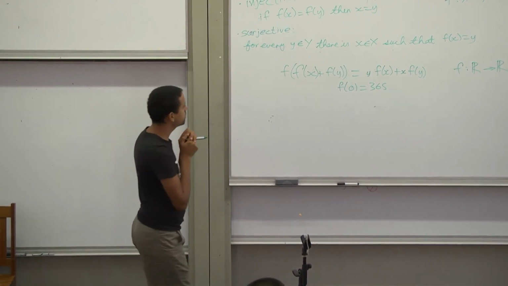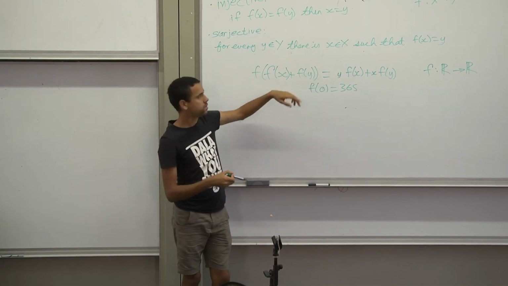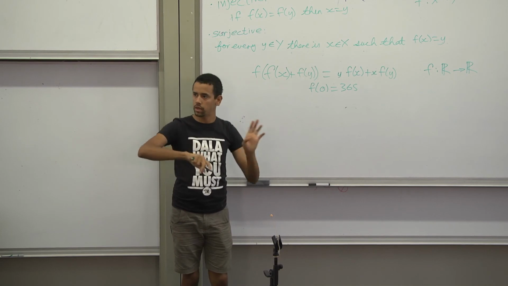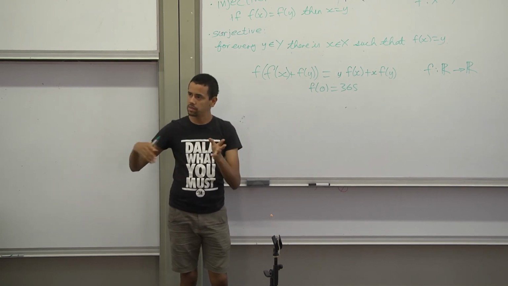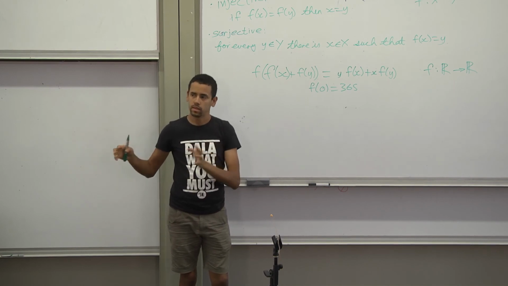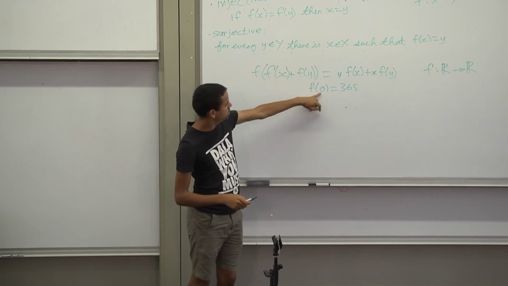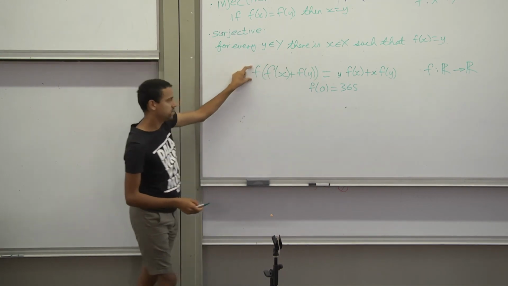Well, we're given the value of f of 0, and like I said with the function earlier, you keep on pumping the information that you get back into the equations, and you get simpler and simpler, hopefully, until you get to what the function actually is. So let's use this f of 0 equals 365 in this functional equation.